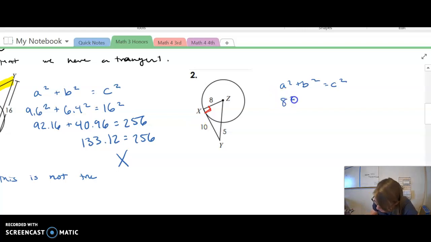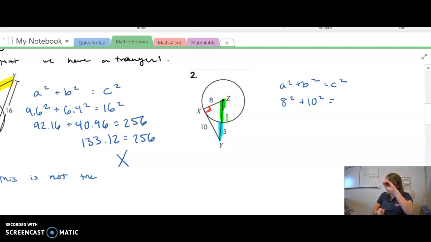So a squared plus 10 squared equals 5 squared. But you're probably thinking, wait, Miss Smith, that 5 looks very particularly placed. And you're right. So this is not 5 squared. If you notice, the 5 only has to do with this single part right here, and we still need to find this other part.